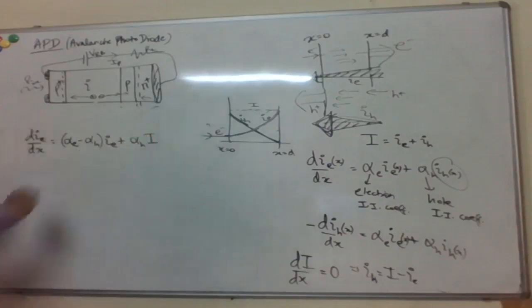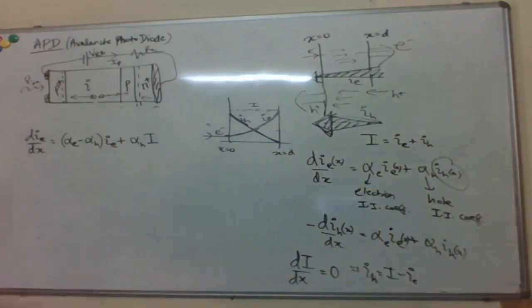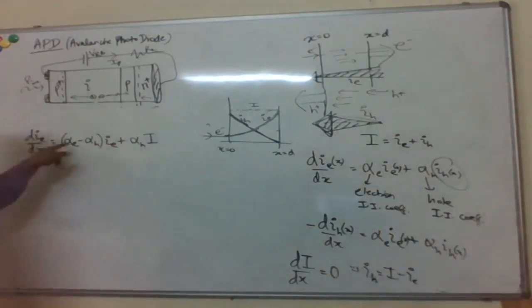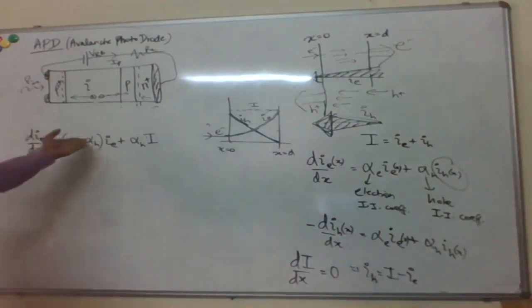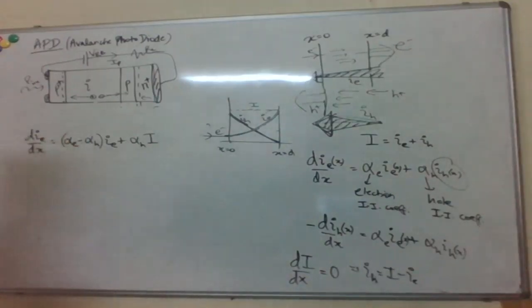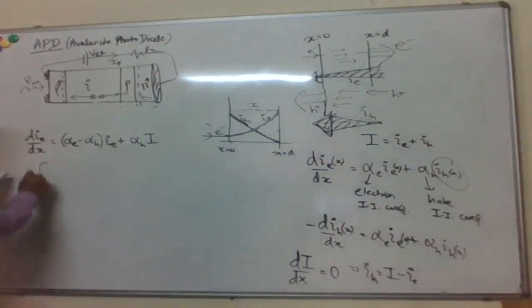Now we have this equation for the electron current, and IE is the only non-constant thing here, so this is an easy integration to do. We just bring this to this side.